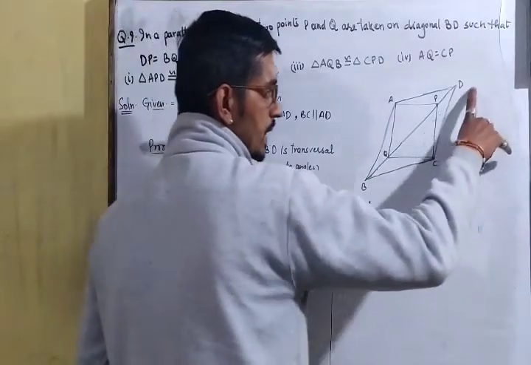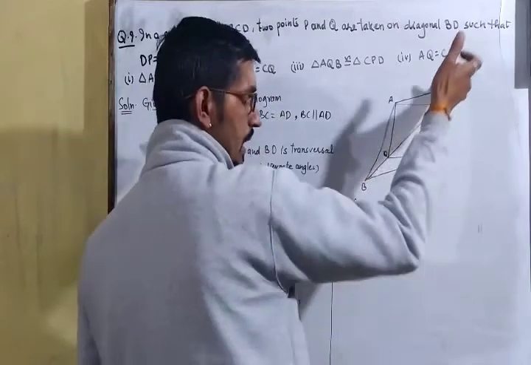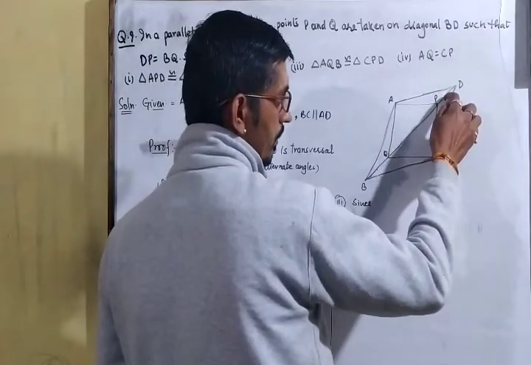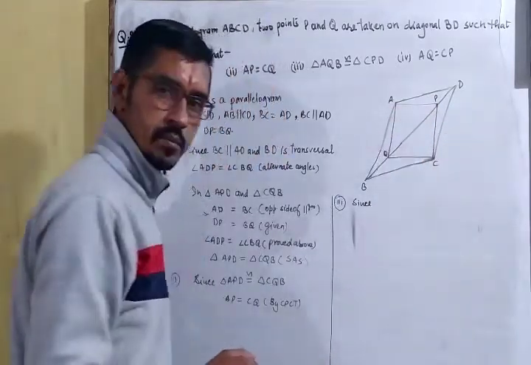So since CD is parallel to AB and BD is transversal, so this angle will be equal to this angle because this is making Z-shape angle, alternate pair of angles again.